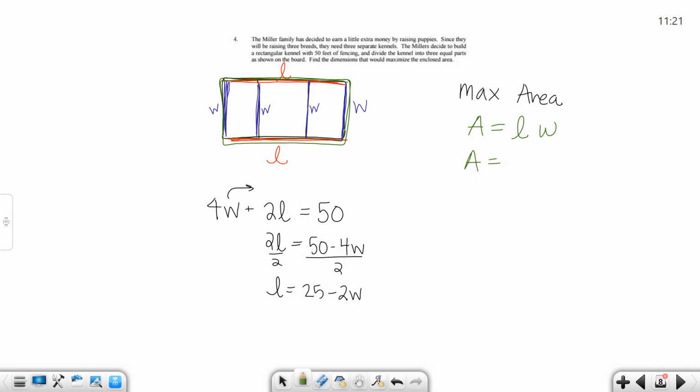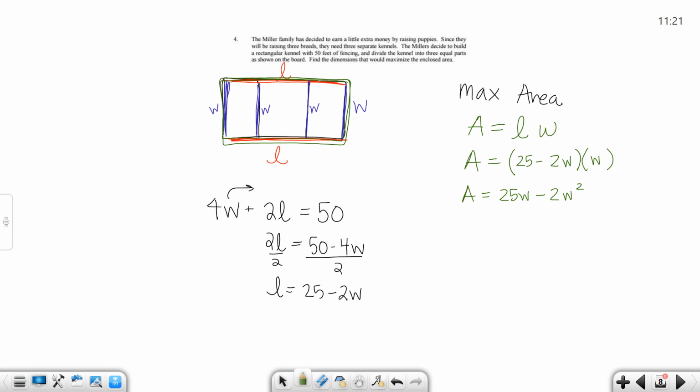So over here, you'll go to your optimization formula. Length is 25 minus 2W, and W, of course, is W. Okay, this is your optimization formula.